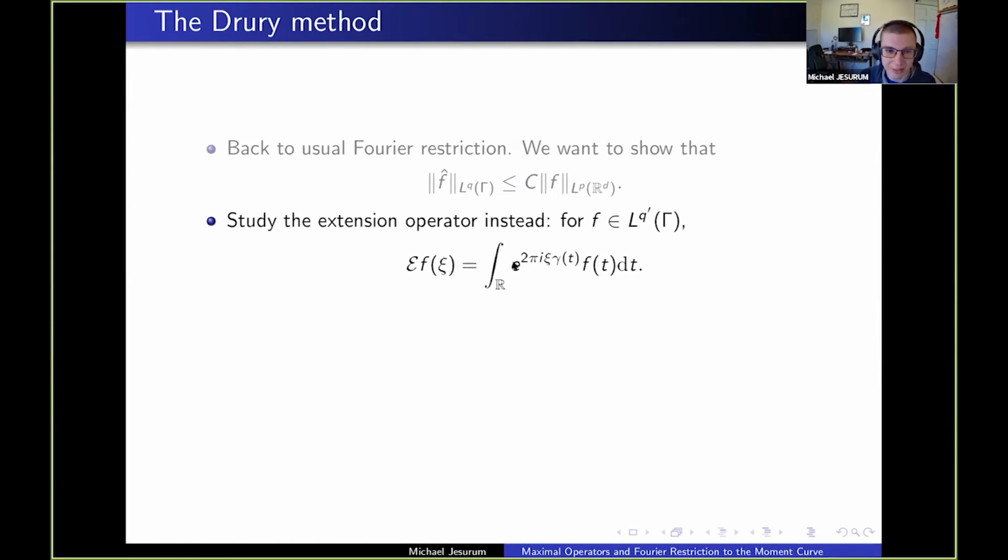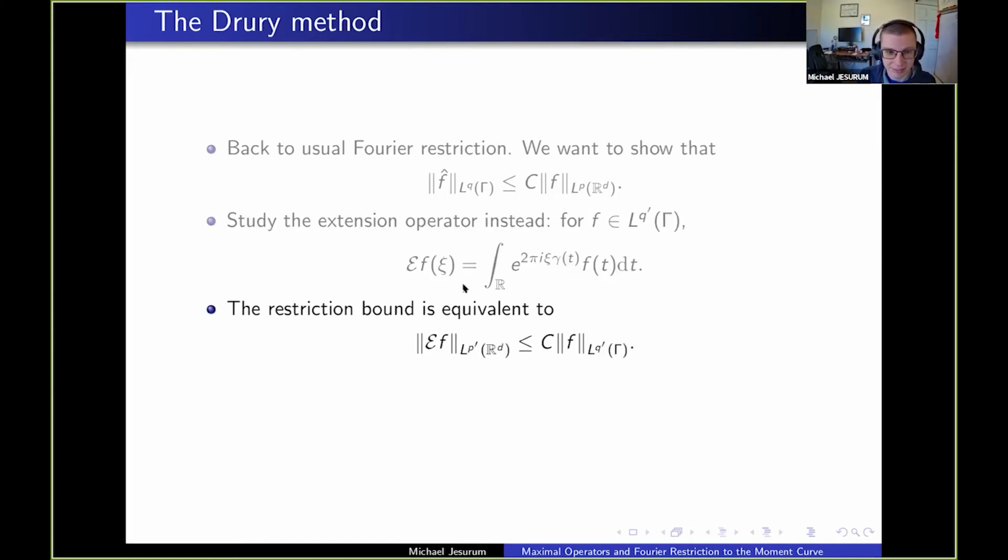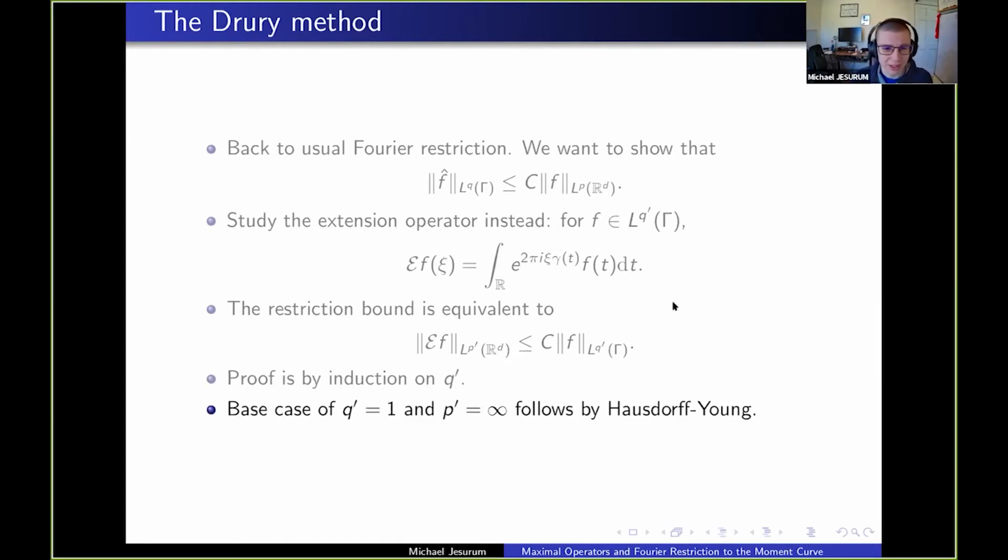So the extension operator here is mapping from L^q prime of gamma to L^p prime of R^d. And it looks like this. And if we can prove bounds of this type, then we get restriction bounds. Okay, and we do this by induction on q prime, starting with the base case of q prime equals 1 and p prime equals infinity. And that's some nice, easy Hausdorff-Young.